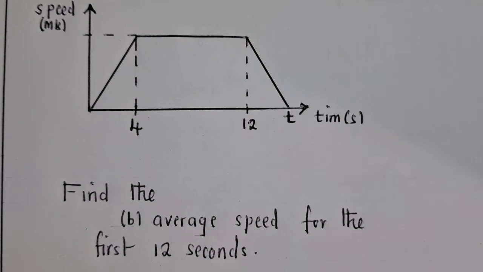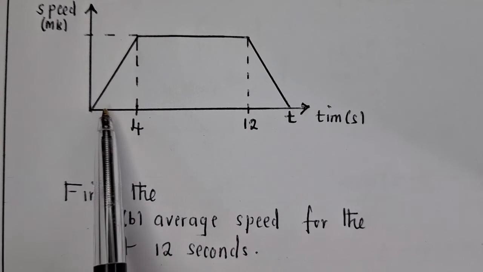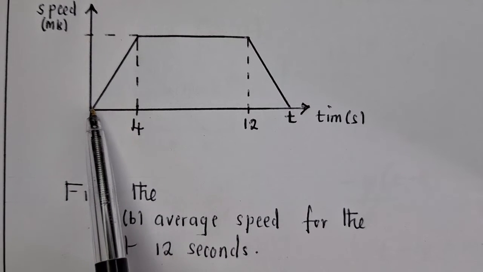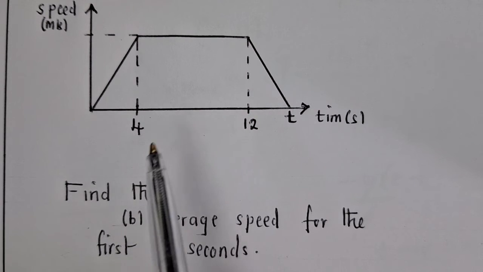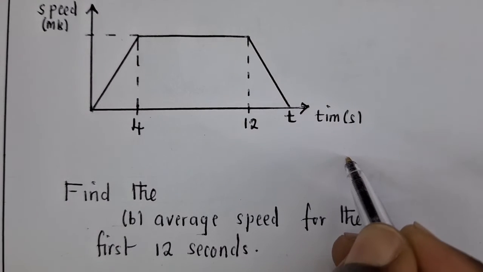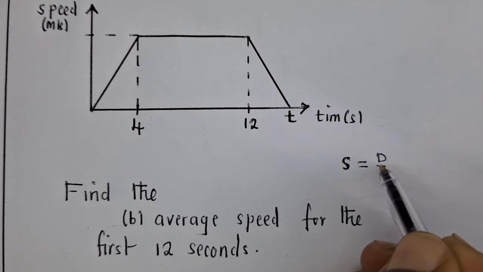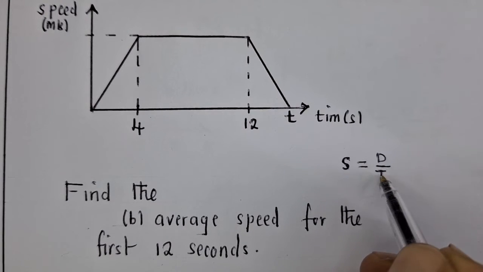For question B, we need to find the average speed for the first 12 seconds. You can see in this diagram, 12 seconds is right over here. To find the average speed, we definitely need the formula, which looks like this: speed is equal to distance over time.